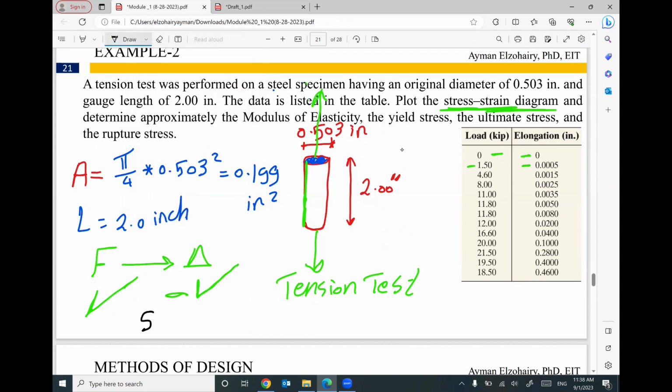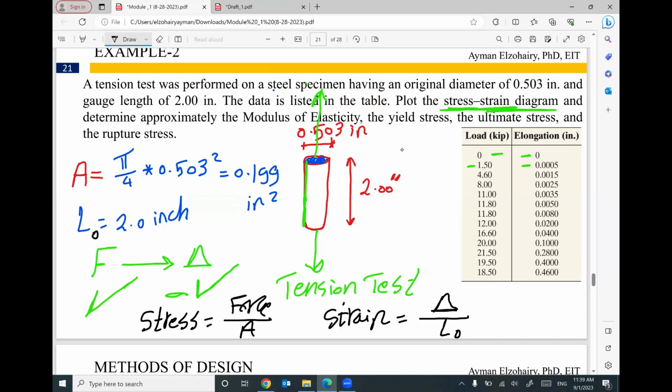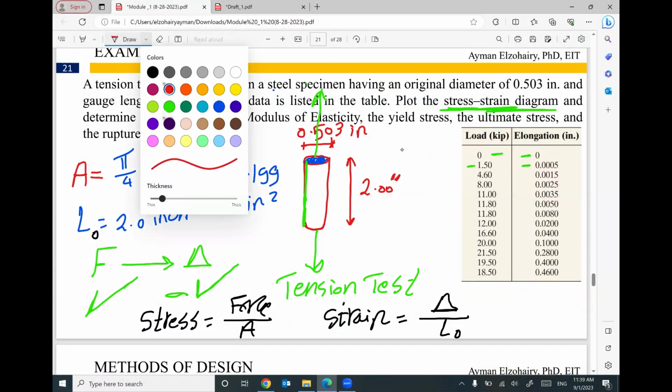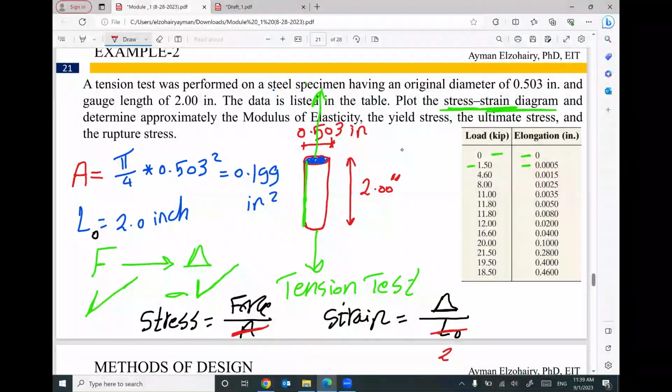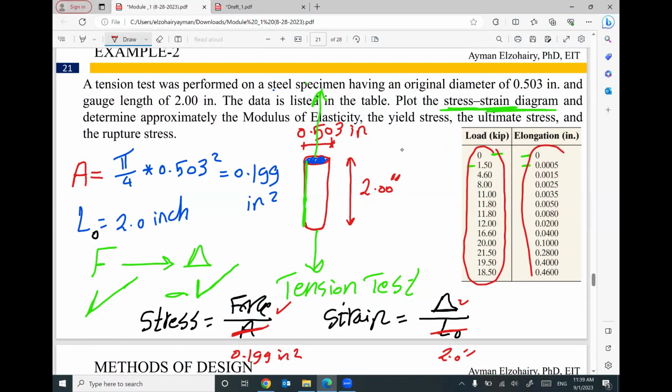Stress equals force divided by area. Strain equals elongation divided by the original length. Your original length L naught equals 2 inch. So I have the denominators for each of these two expressions: here is 2 inch, and here is 0.199 inch square. The numerators will be the records from this table.